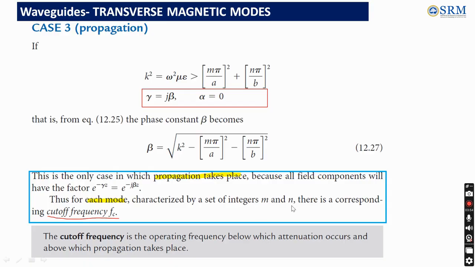We have to understand that each mode, characterized by the set of integers m and n, has a corresponding cutoff frequency called fc. So each mode has a different cutoff frequency. That is the major takeaway. Cutoff frequency is the operating frequency below which attenuation takes place and above which only propagation happens.